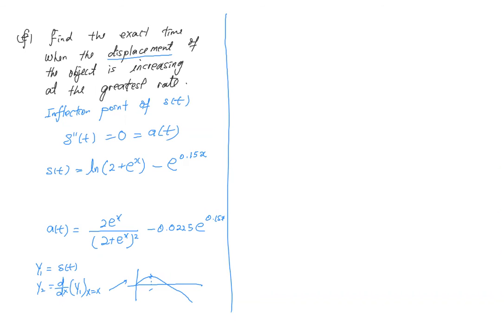Because you must get the time. Based on here, we want to get the time. So AT equal to 0 when T equal to 3.828 seconds, correct?